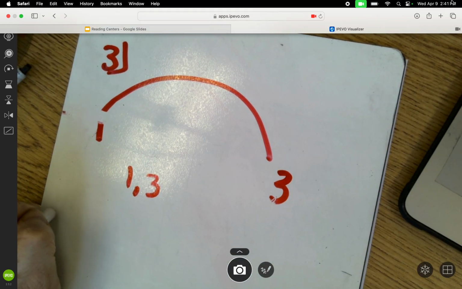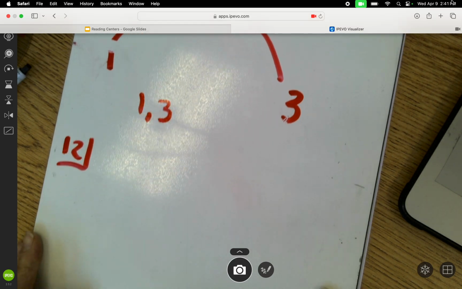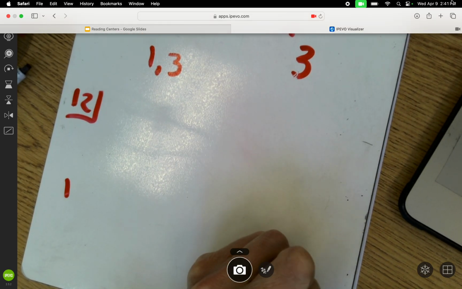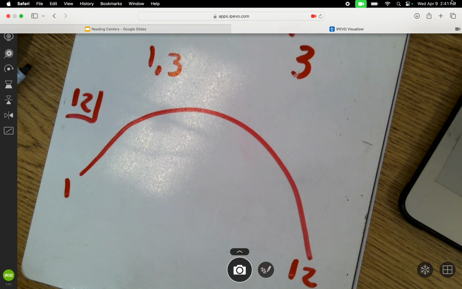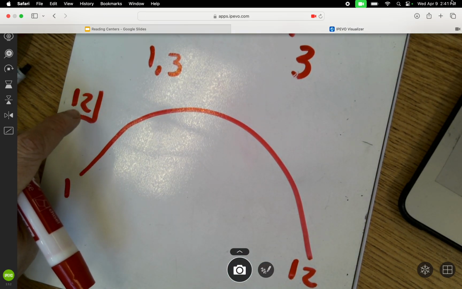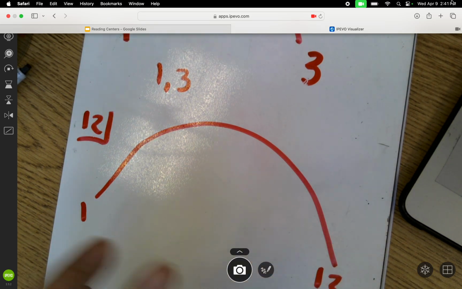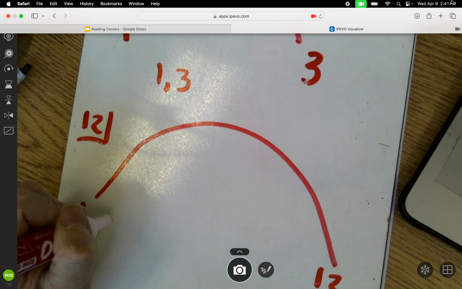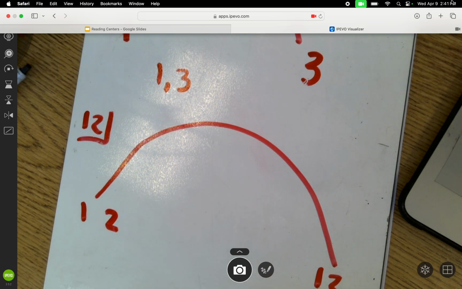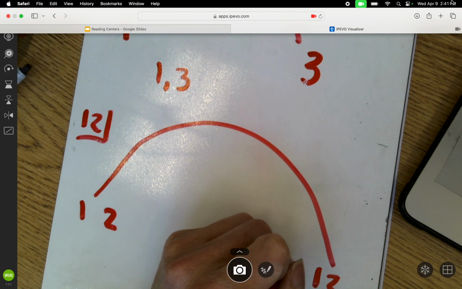Then if I want to do a factor rainbow for the number 12, let's see. I have 1 and 12 for sure. What about 2? I think so, because 12 is an even number. The number 2, we always look in the ones place. 2 is even. It has a friend. So 2, and now I'm going to count by 2s. 2, 4, 6, 8, 10, 12. I have 6 fingers up.